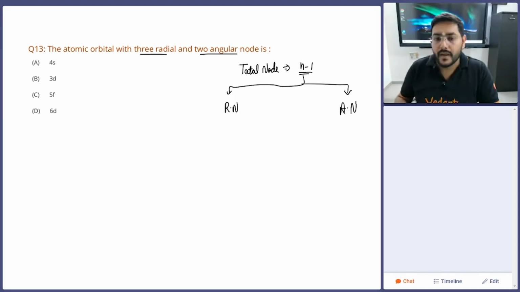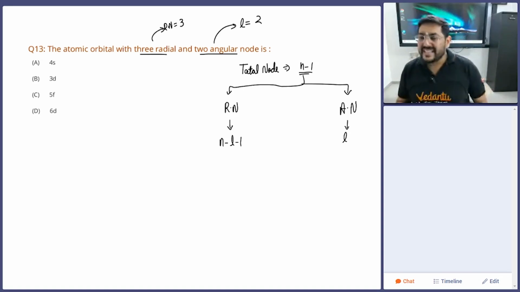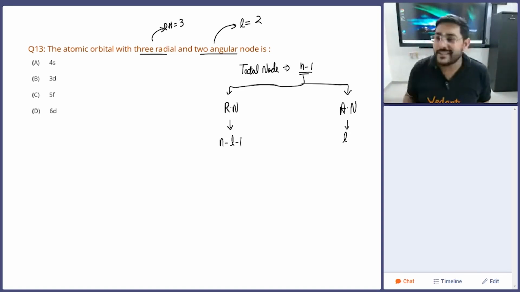When we say radial node, the formula is n minus l minus 1, and angular node is l. In the question itself, they are saying angular node is 2 and radial node is 3. So can I say that the total number of node is going to be 5? Yes or no?